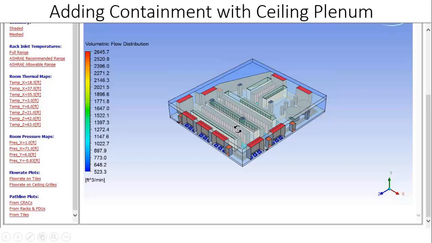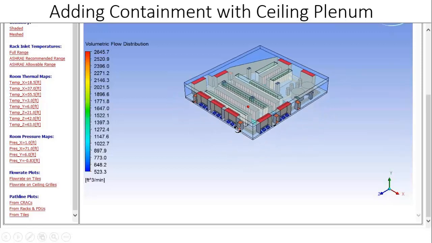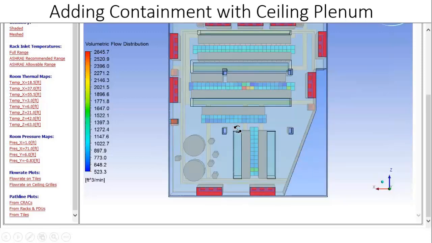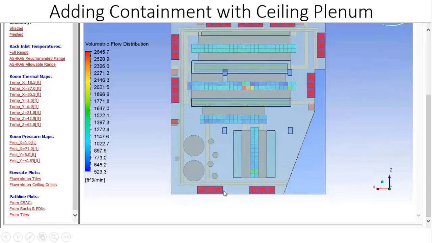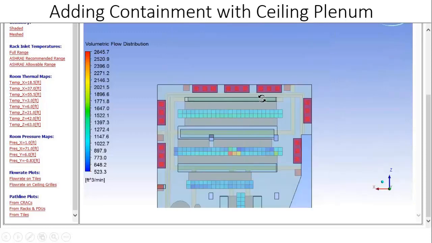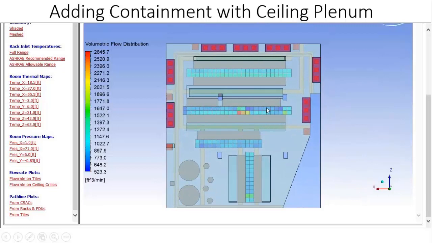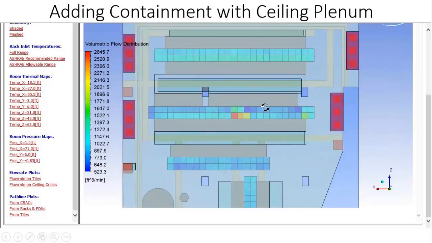One of the other things I just wanted to point out here is we still, even though it is contained, there is still a distribution on the tiles. If we go back and take a look at these tiles again, even though I've got Hot Aisle contained, I still have the same issue with airflow distribution. So depending on where the load is in that room, and these are roughly modeled as 10 kW racks, I think you could actually move them up a little bit if you were willing to put another DSE into this room.